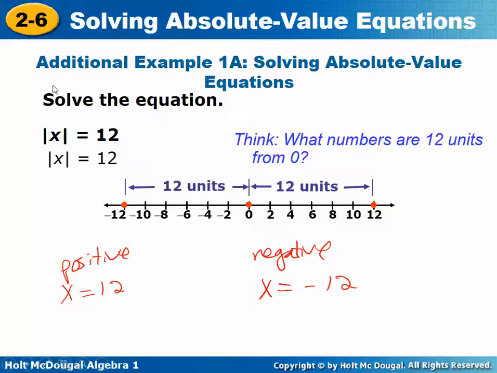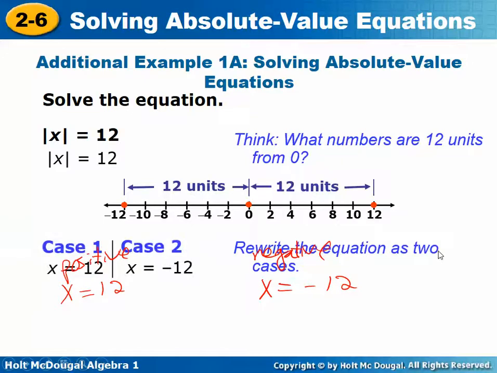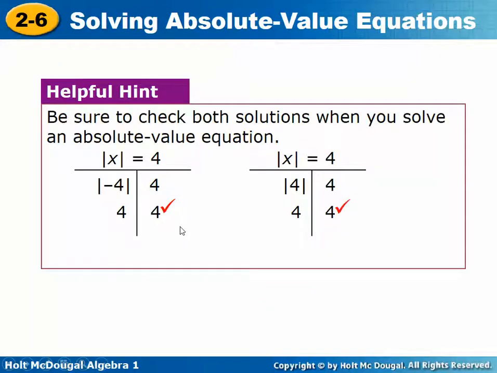And in this case, like I said, this is the most simple possible thing you could have. It's just going to be 12 and -12. But usually, you're going to have more work to do after you write those two cases. And then this is a reminder that you should check both of your answers back in the original equation and see if you get a true statement.